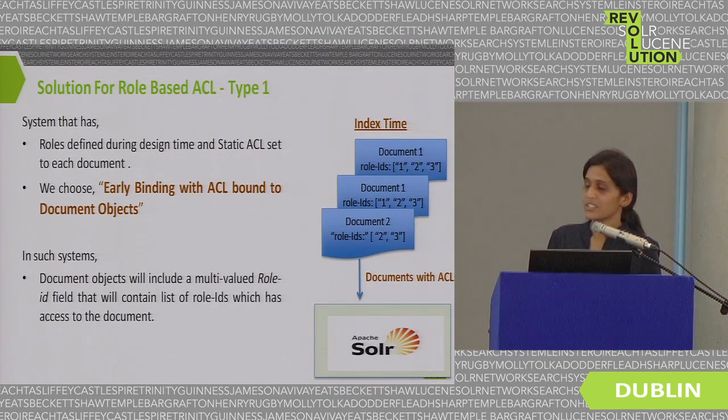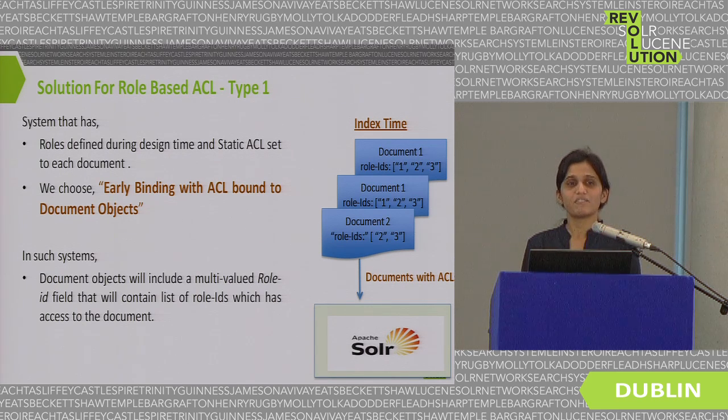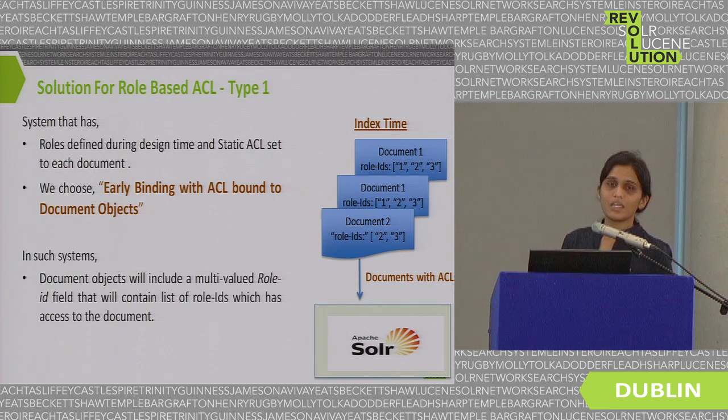The solution for this role-based access control type 1 is, if the roles defined for the system are fixed at design time and never change, so static access control, then we use the early binding approach. I'll explain early binding in the next slide. At the time of indexing, with the document entity, we also pass the list of role IDs who have access to the document.